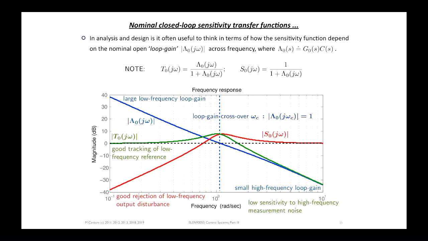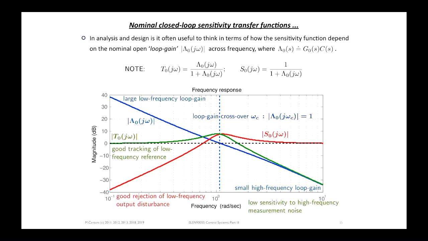The reason for thinking in terms of how this should be shaped across frequency, given information about the disturbances that may act on the system and the type of reference you want to follow, rather than thinking directly in terms of these, is that the relationship between this object and C is simpler.